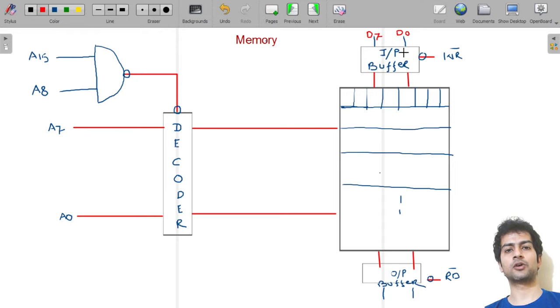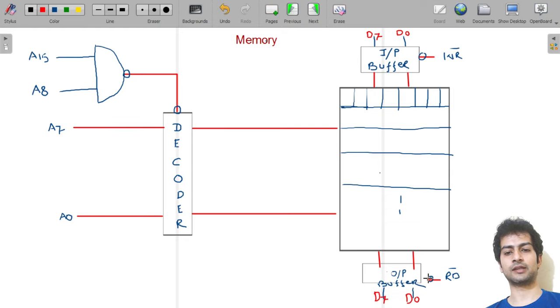It will get stored in this input buffer and then come inside the memory. Similarly, if the microprocessor wants to read data from memory, the data present here will first come to the output buffer and then go to the microprocessor.